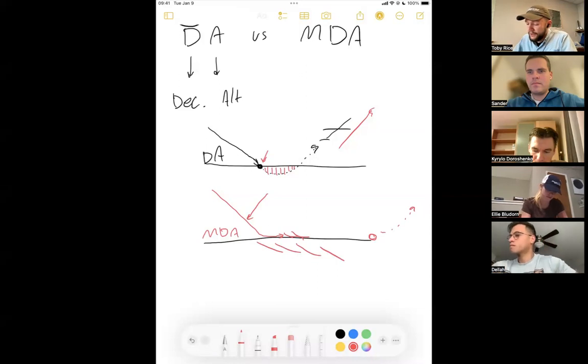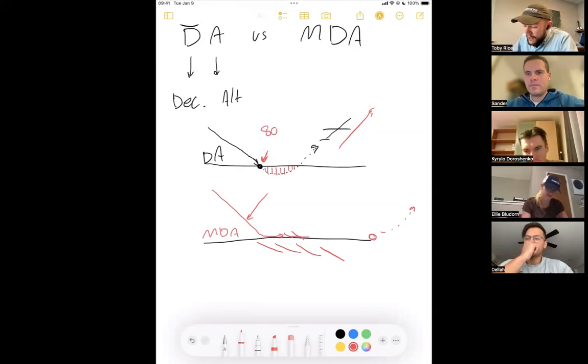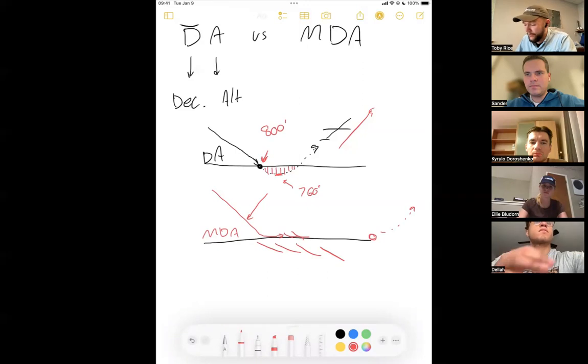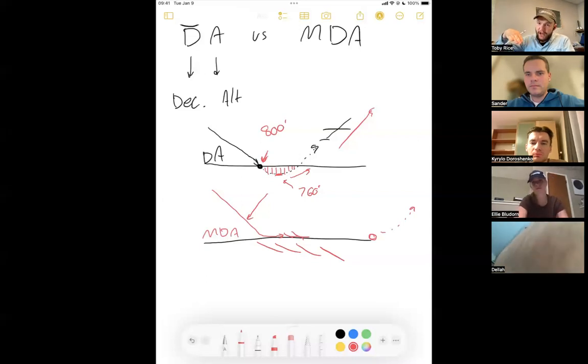A decision altitude, it's expected that if you make the decision at 800 feet to execute the missed approach, by the time you are level and starting your climb again, you might be at 760 feet before you start turning back up to continue your climb out, just because the airplane takes time to stop its descent and resume a climb.